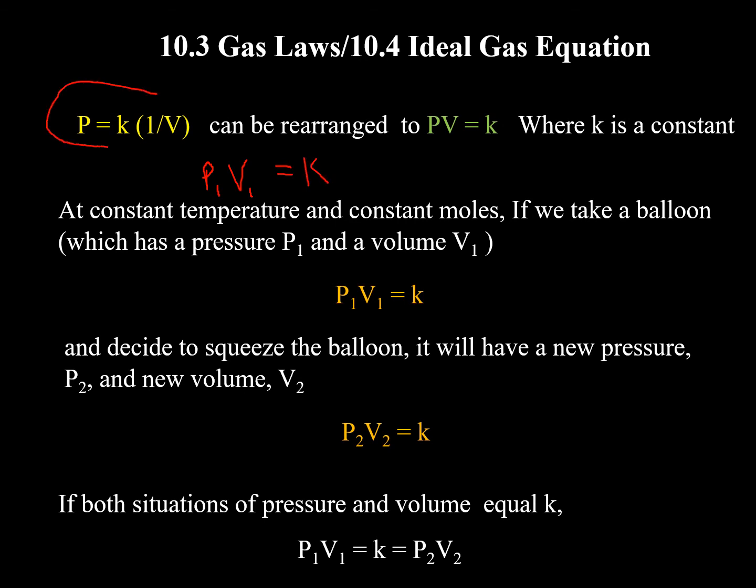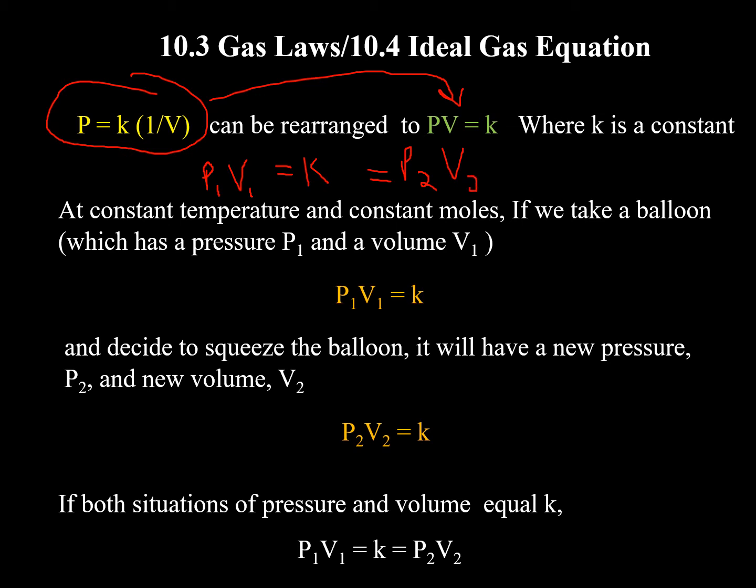Just rearranging this equation, P1 stands for the initial pressure, V1 is the initial volume, which equals K. So if we were to squeeze down on this balloon, the pressure would increase and the volume would decrease.